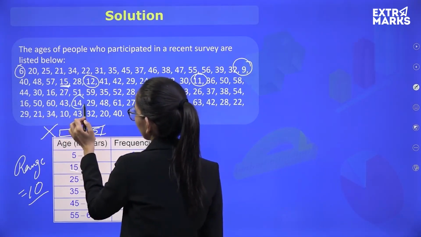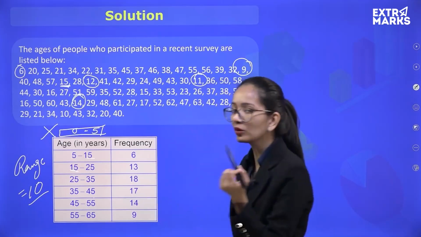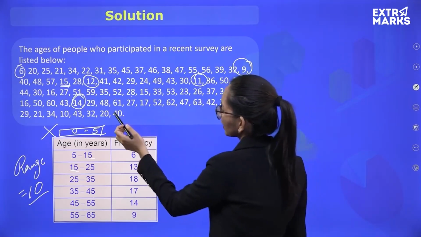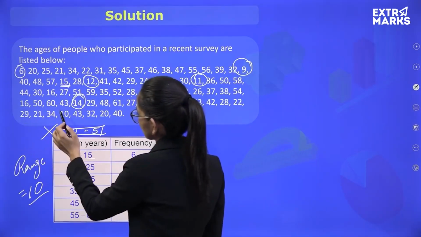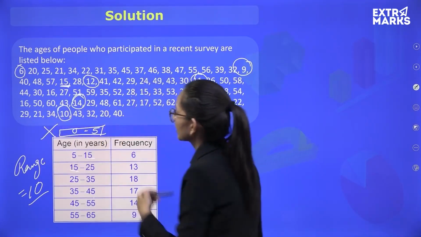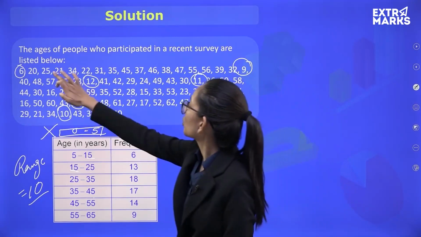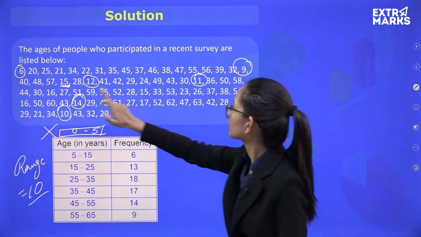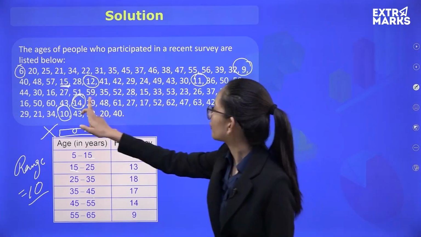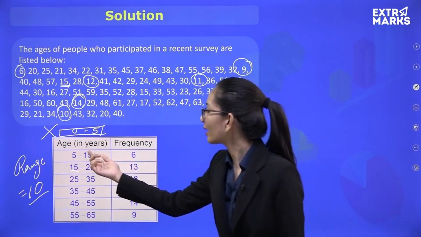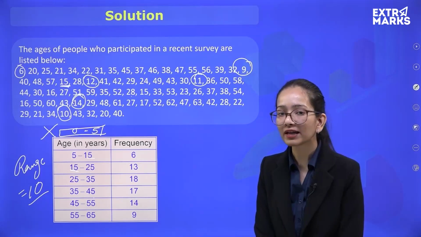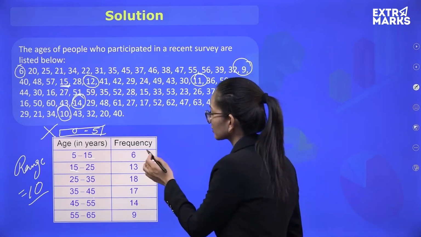Yes, 14 will lie in the age group 5 to 15 years. Then let's count. Yes, then 10 will lie. Okay, so here 1, 2, 3, 4, 5, 6. So there are a total of 6 people who lie in the age group 5 to 15 years, right?